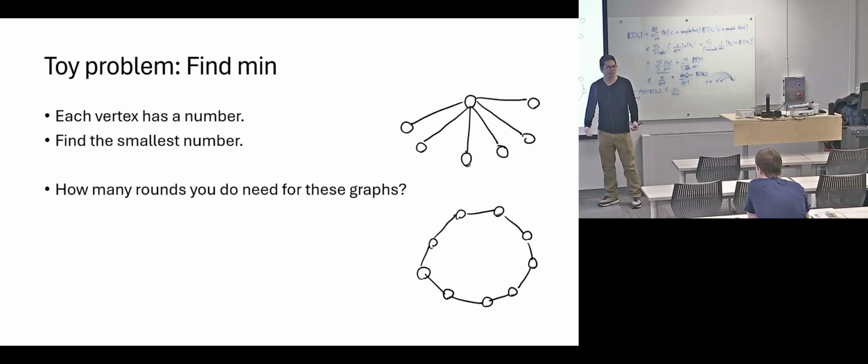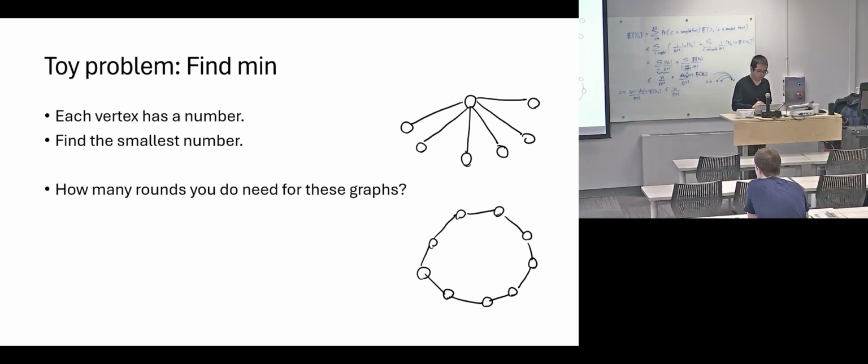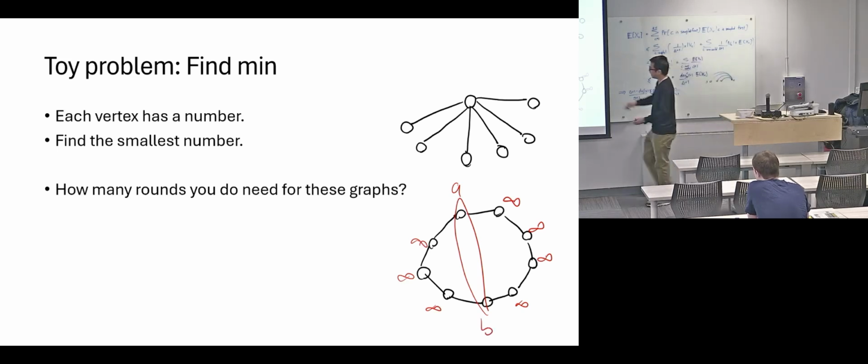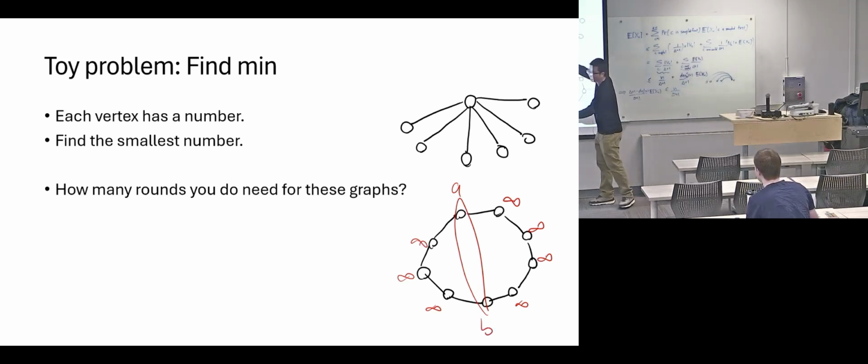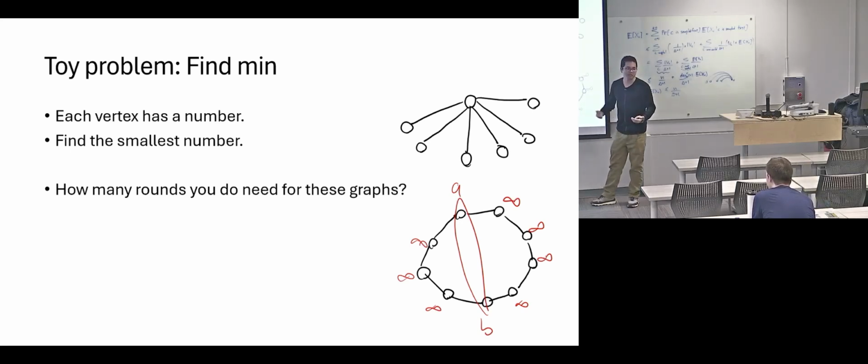Yeah, something like n/2, because it could be that everyone here has an infinite number, except the guy on the opposite side, and this guy has, let's say, some number A, and this guy has number B. So information from these two guys needs to travel through the cycle somehow, and that takes n/2 rounds.